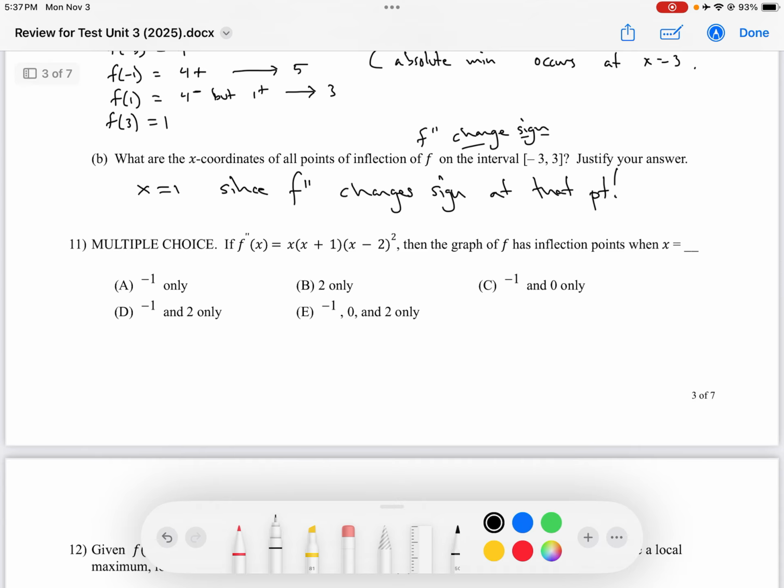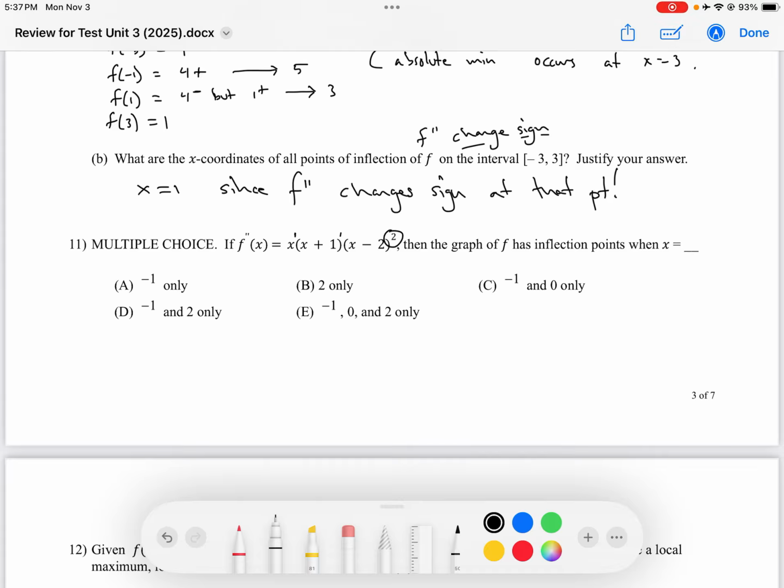Alrighty, if f double prime of x equals x times x plus 1 times x minus 2 squared, then the graph of f has inflection points where x equals, well, inflection points are where this changes sign. This is f double prime, so it has to change sign. Now, I don't know what you know about multiplicity of roots, but if the multiplicity of the root occurs once or 3 times, then you're going to cross the x-axis.